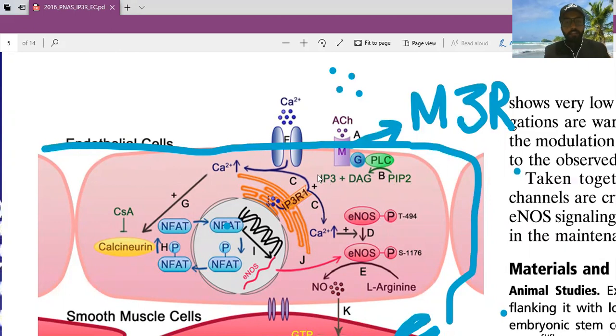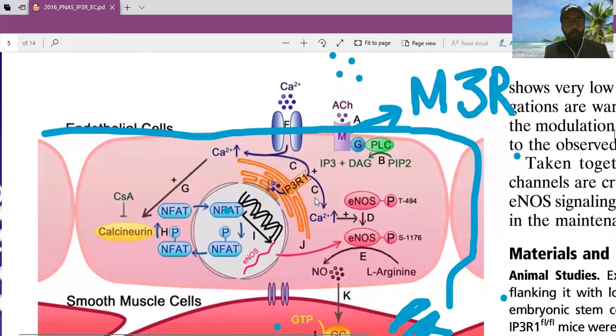And the IP3, which is generated in the endothelium, now activates the IP3 receptors, and these receptors are present on the surface of the ER, endoplasmic reticulum. As we know, the endoplasmic reticulum is a rich source of calcium.